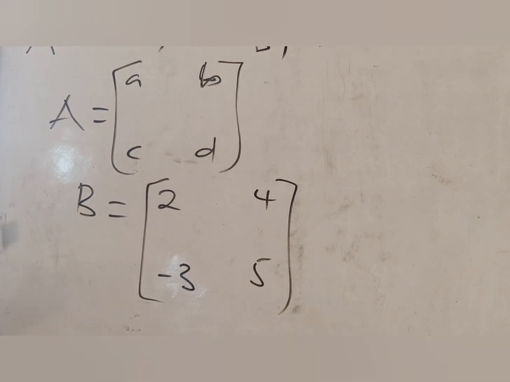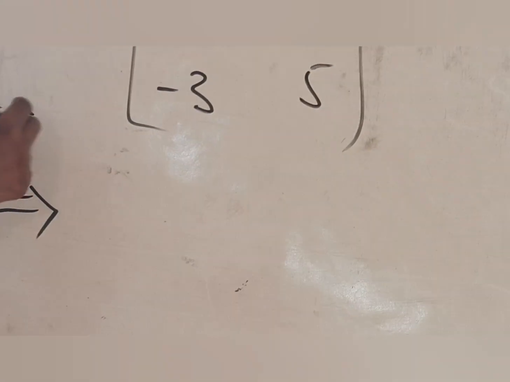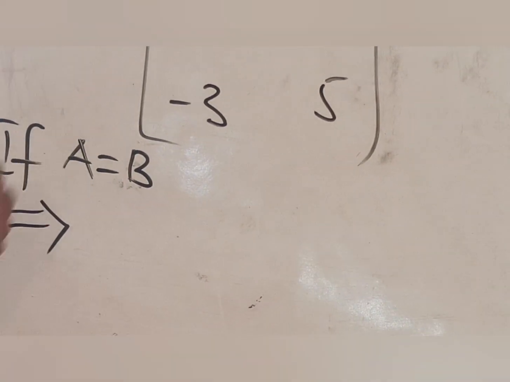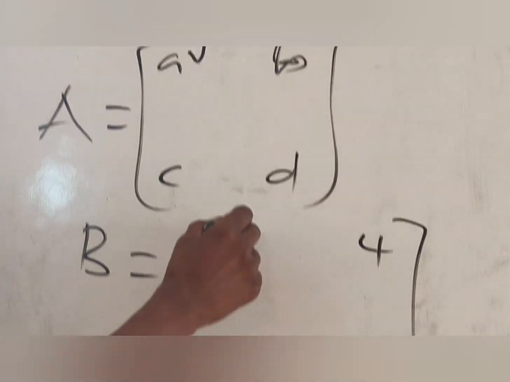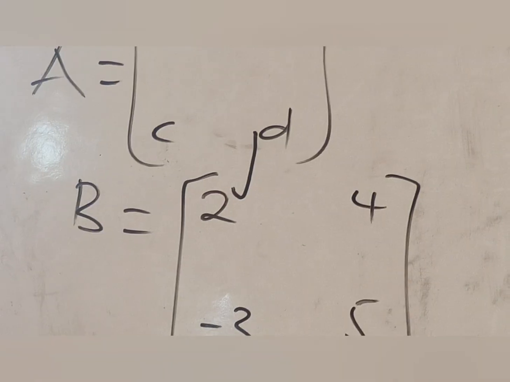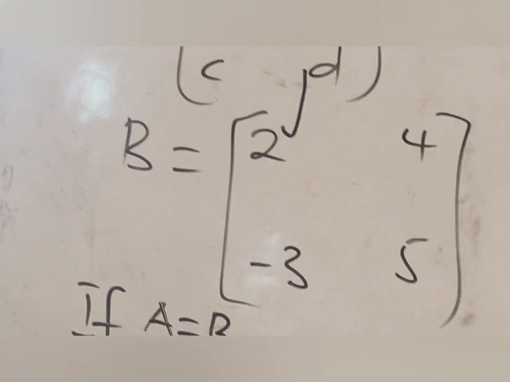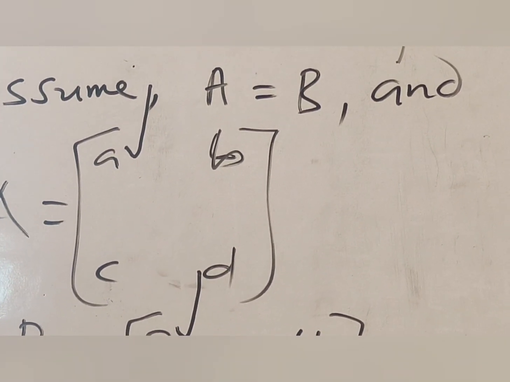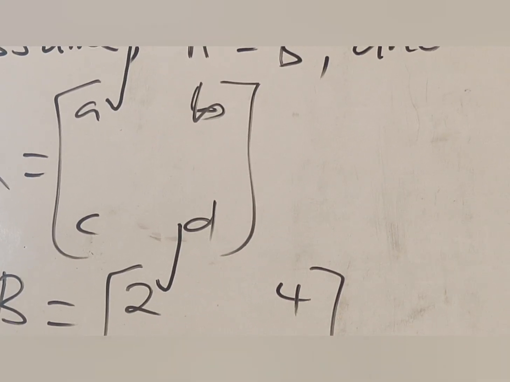Now you all see. So if A is equal to B, it implies that the top left is the same as what? The top left here. Once they say some matrices are equal, their corresponding components are the same.